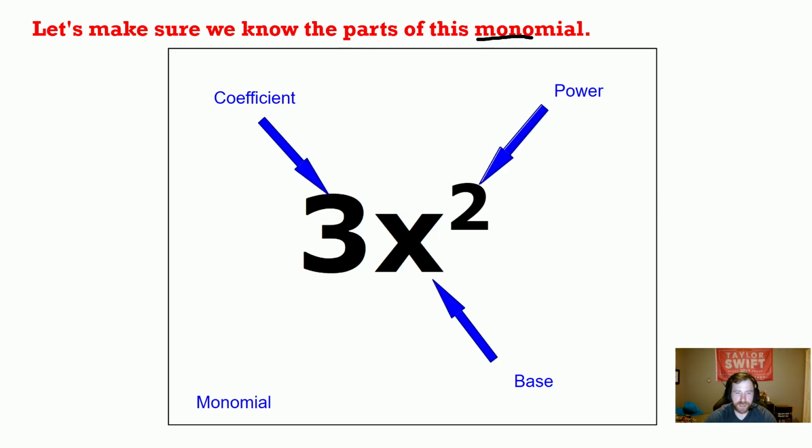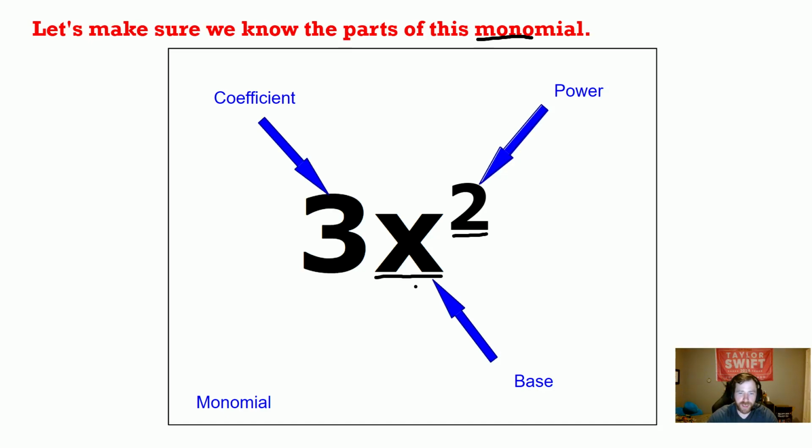The important thing for you to remember about adding and subtracting polynomials is that it's just combining like terms. You've done this skill when we were solving basic equations. One of the steps is to combine your like terms. And remember, it's a like term if the base is the same, so if the variables or set of variables is the same, and the power that it's raised to is the same.